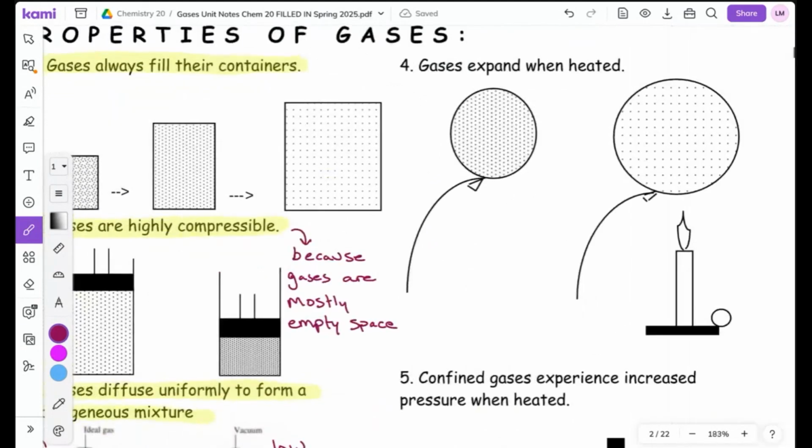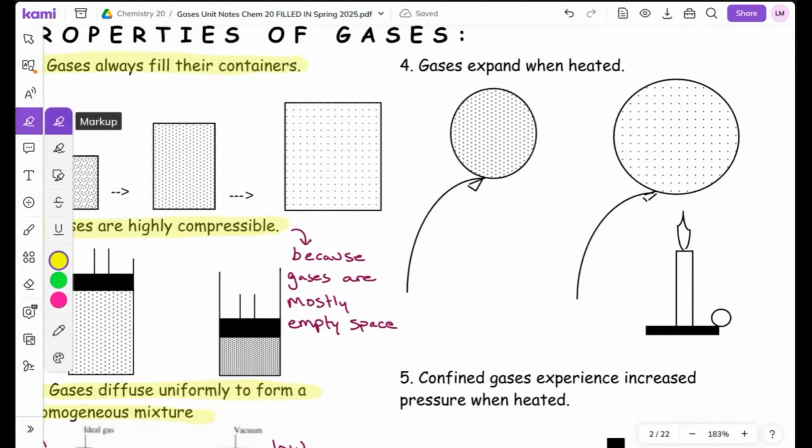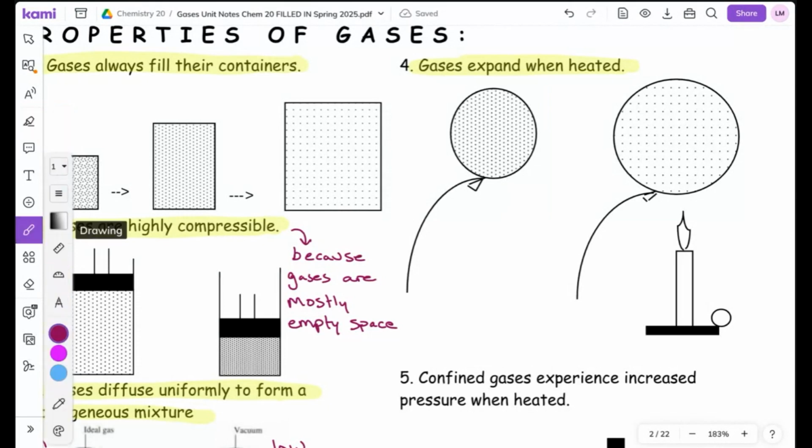Another property of gases here is that when you heat them up, they're going to expand. Conversely, when you cool them down, the gas will contract. In this diagram here, they're taking a balloon and heating it up, which is causing the gas molecules to expand, or move farther apart from each other. However, if we took this same balloon and cooled it, that balloon would shrink in size.